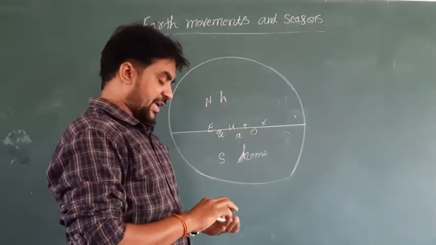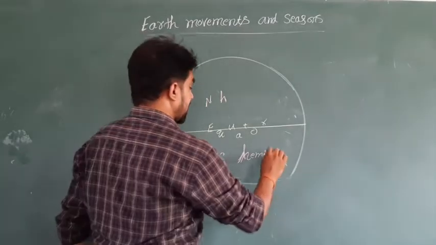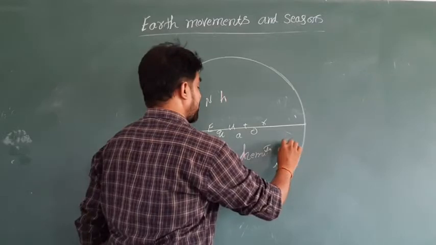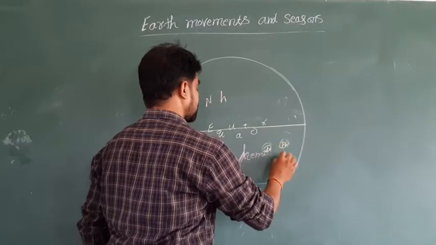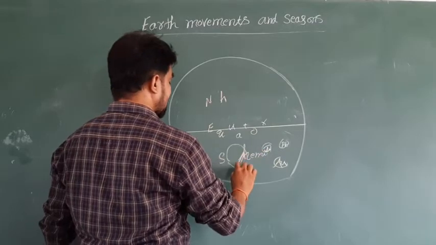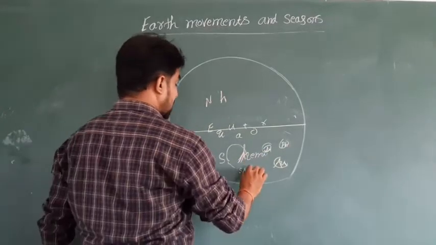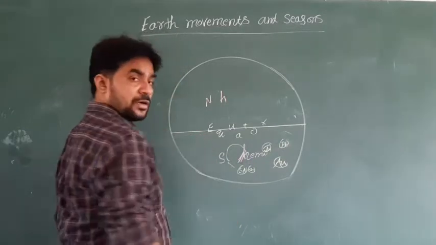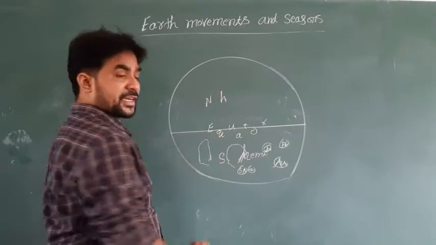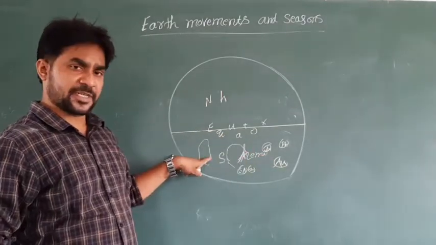Countries like Australia, Indonesia, the Philippines, and almost all the African countries like South Africa, Madagascar, etc., and the South American countries also, all these countries come in the southern hemisphere.